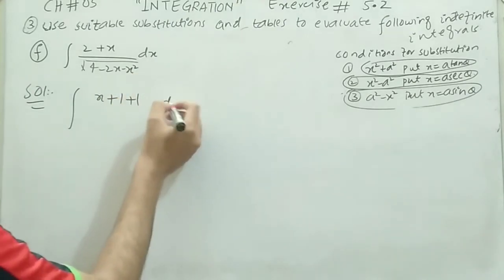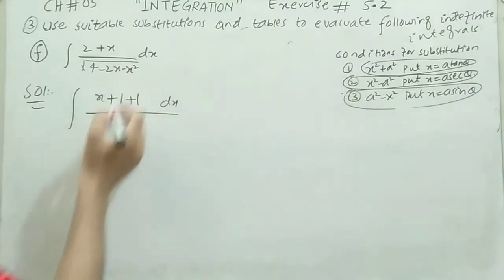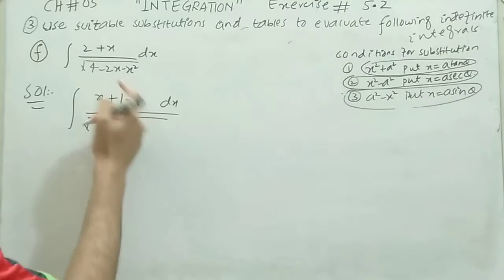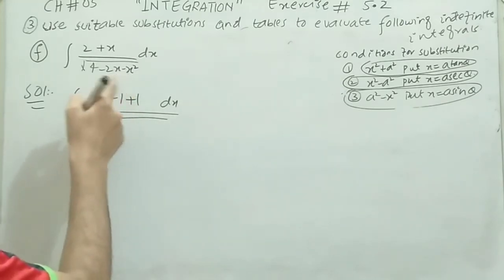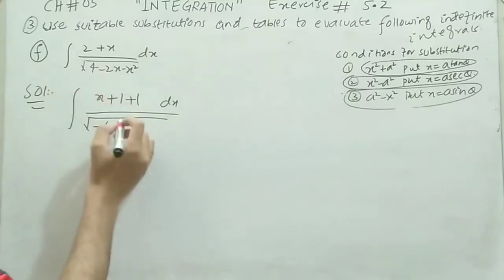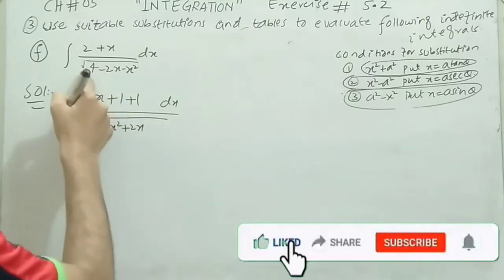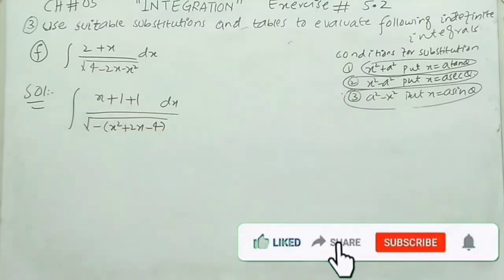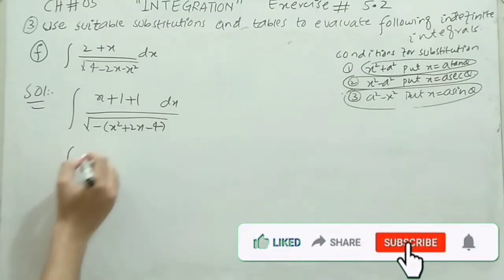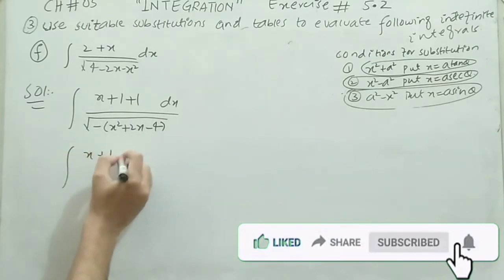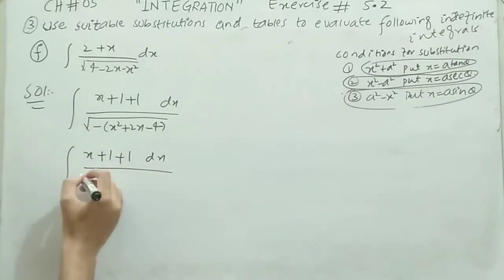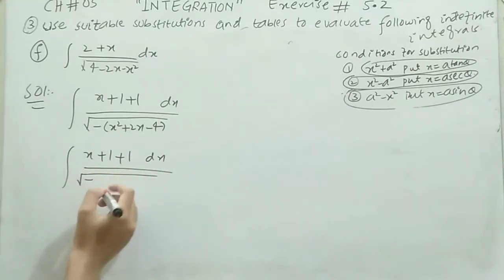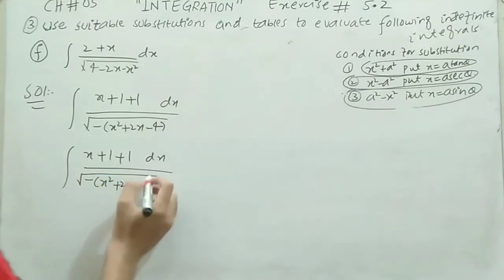1, and here we have dx divided by, in the denominator I take a negative common, so inside we are left with x square, and taking out negative common, I am left with plus 2x, and here it becomes minus 4. Now after this we can write it as (x plus 1) dx divided by the square root of minus times (x square plus 2x minus 4).